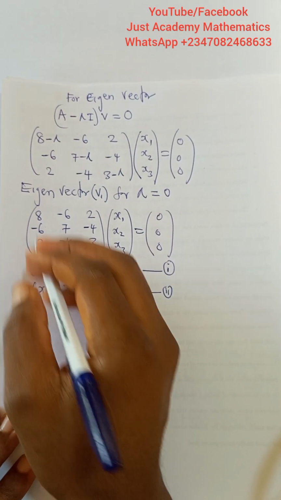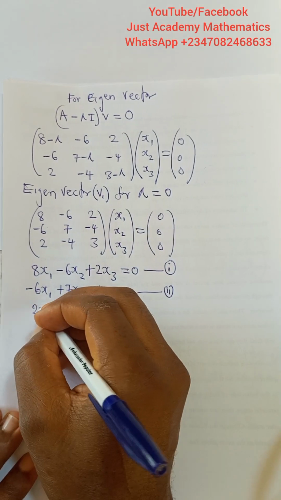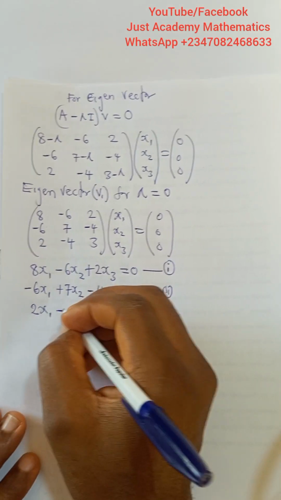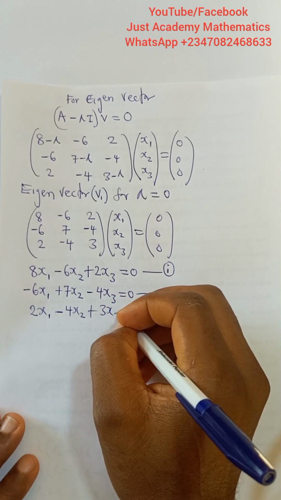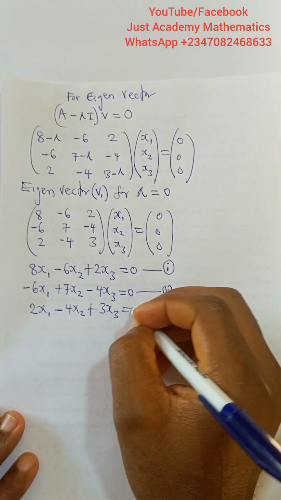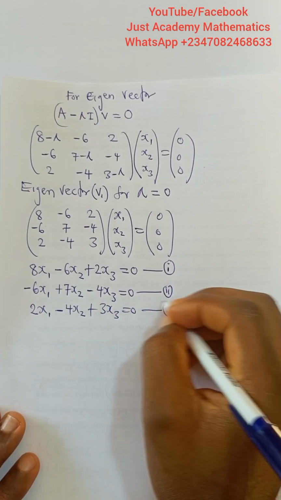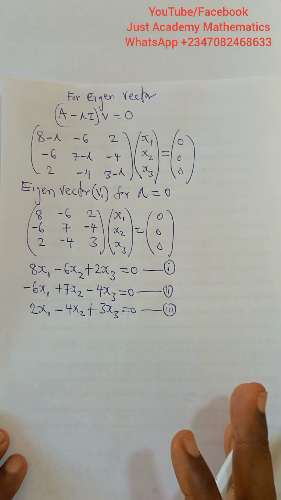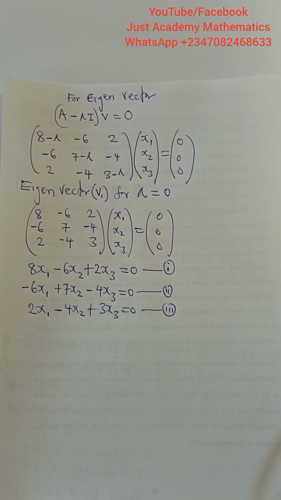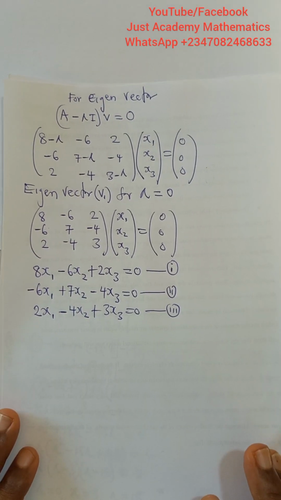Then for equation 3, the last one, 2x1 minus 4x2 plus 3x3 is equal to 0. There is another procedure of getting this vector, but this one works perfectly for me and it's easy to understand, less complex.